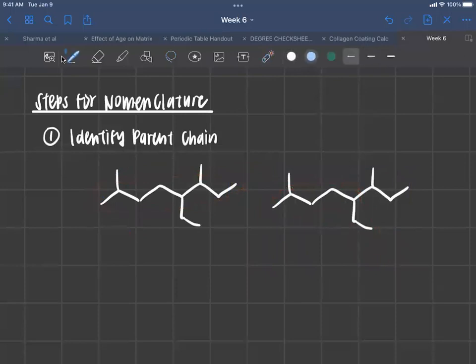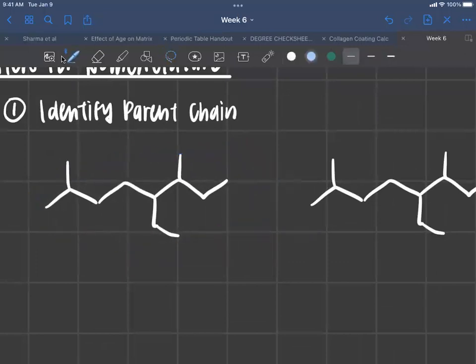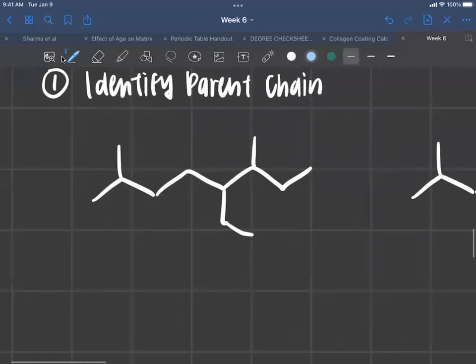So let's go ahead and count our carbons and see which one has the longest chain, longest meaning the most carbons, right? So on this one here, I'm going to count this linear branch. We have 1, 2, 3, 4, 5, 6, 7, and 8.